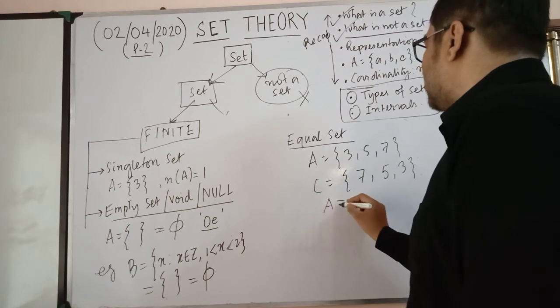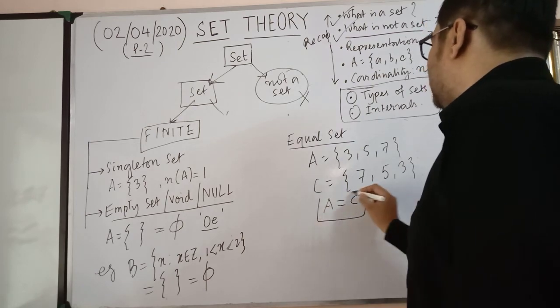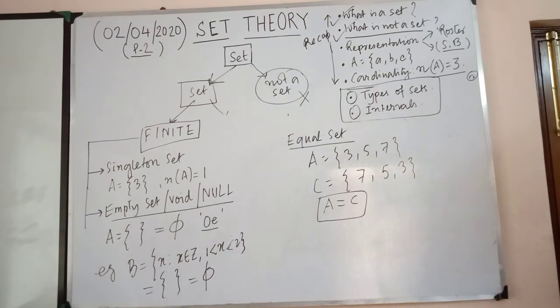We call that A is equal to C. This is an equal set. So what are equal sets? When the elements contained in a particular set exactly match with the elements of another set, or you can say that the elements are the same, we call them equal sets.